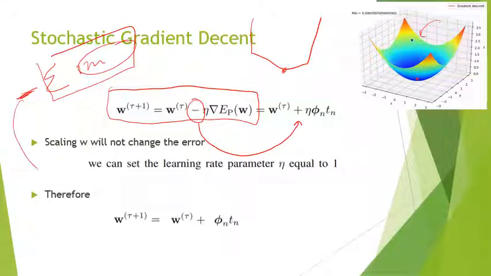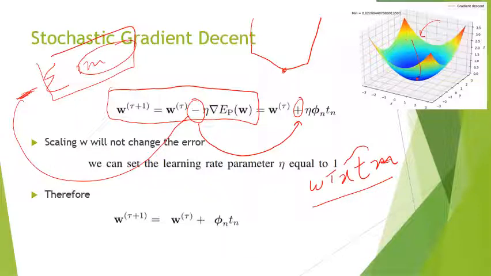This negative, when multiplied with this negative, converts into positive. What was my error function? It was all the misclassified errors, w transpose x into tn. When I take a derivative with respect to w, I will get only this x and t.